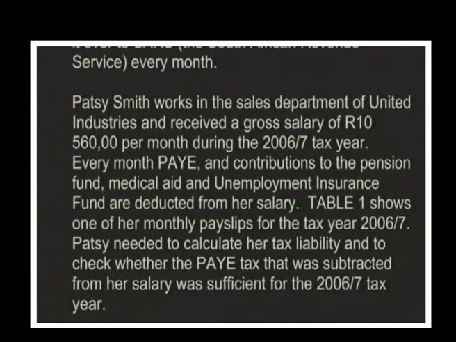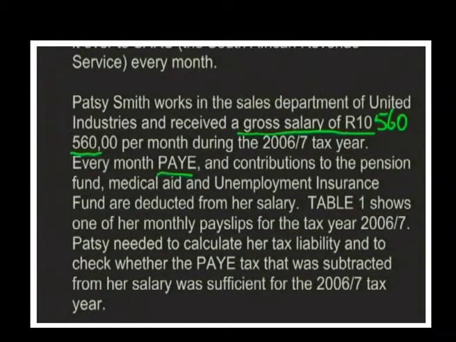Now we're looking at Patsy Smith. Patsy Smith works in the sales department for United Industries and receives a gross salary of 10,560. I'm going to write this as 10,560 Rand. That's her salary during the 2006-2007 tax year. Every month, PAYE and contributions to the pension fund, medical aid and unemployment insurance fund are deducted from her salary.